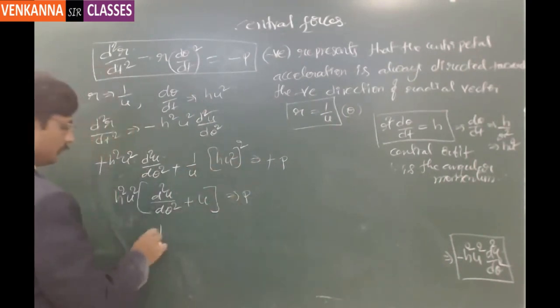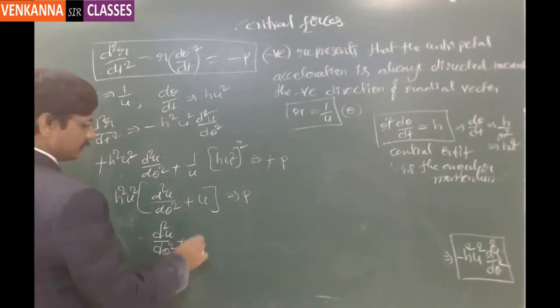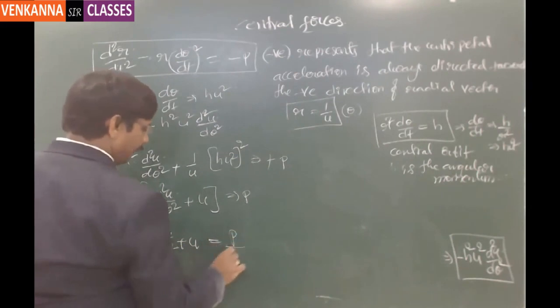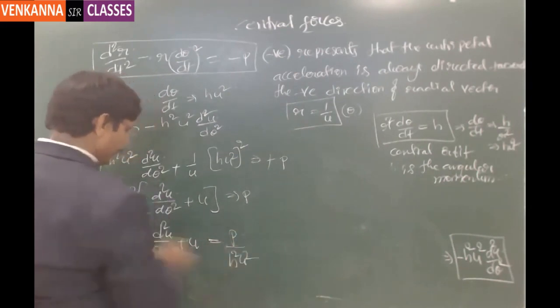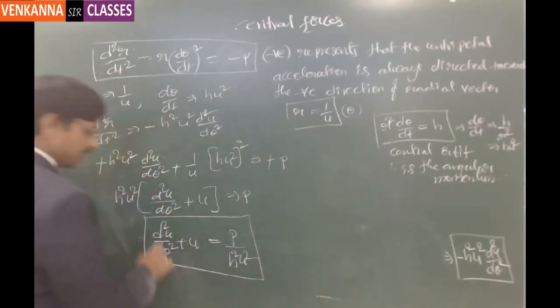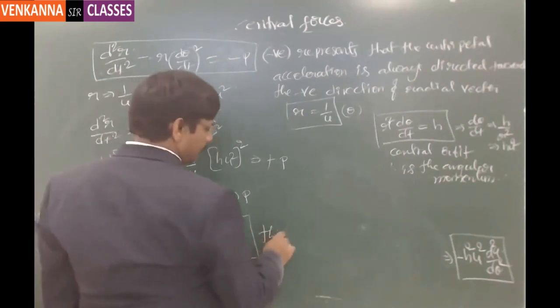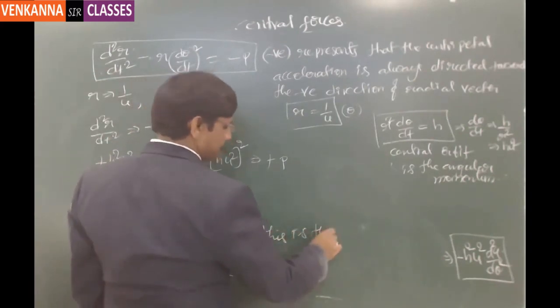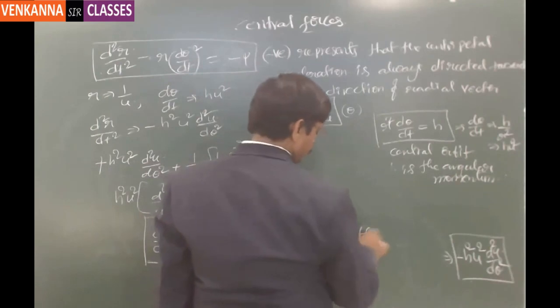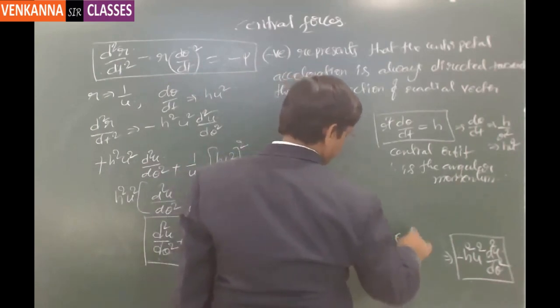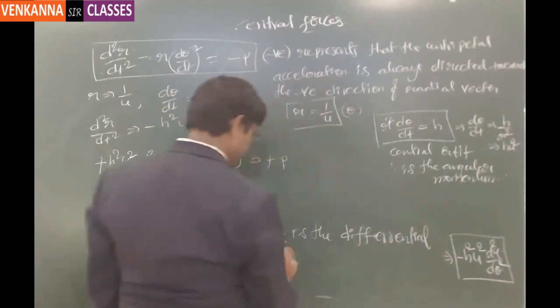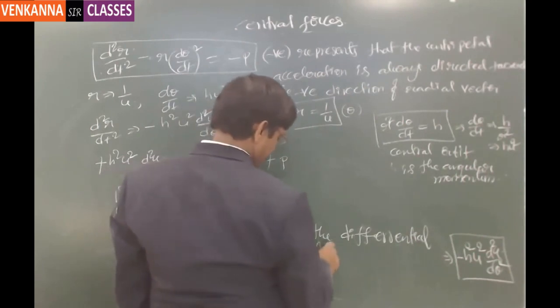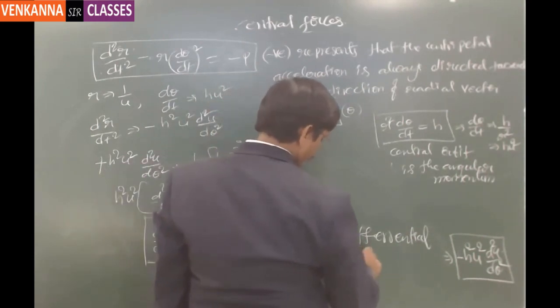Or to be specific, d square u by d theta square plus u is equal to p by h square u square is the differential equation of a central orbit. So this is the differential equation of any central orbit.